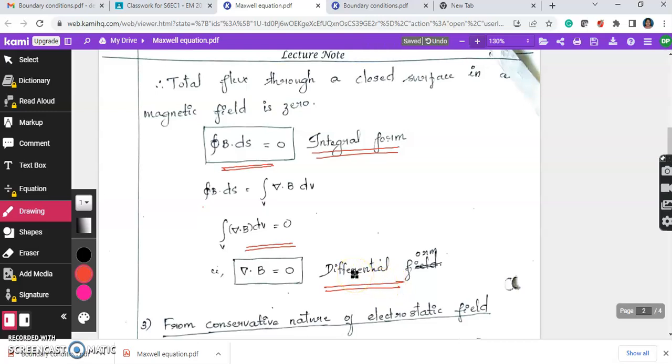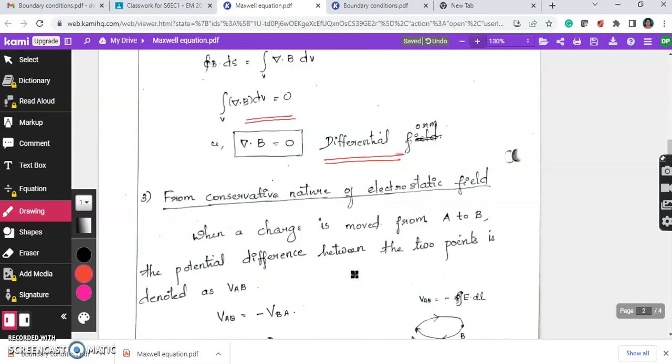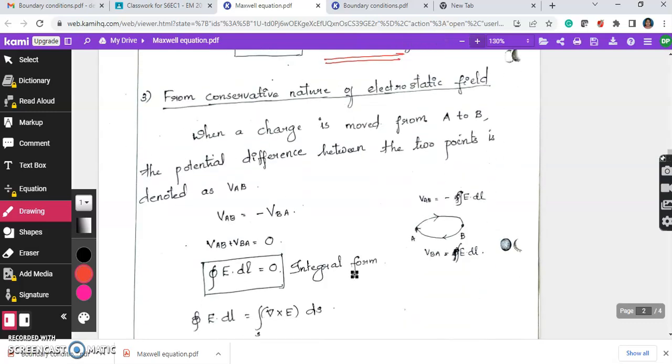Now we are moving towards the third law, that is from the conservative nature of the electrostatic field. When a charge is moved from A to B, the potential difference between the two points is denoted as VAB. We know that to move a charge from point A to point B, we have to do some amount of work.